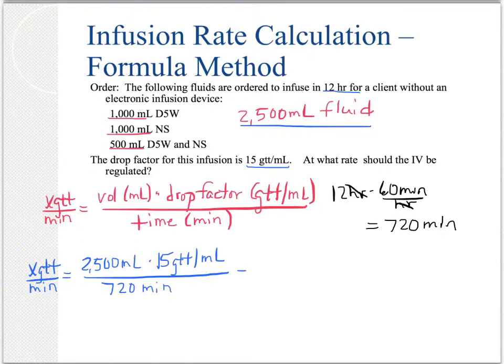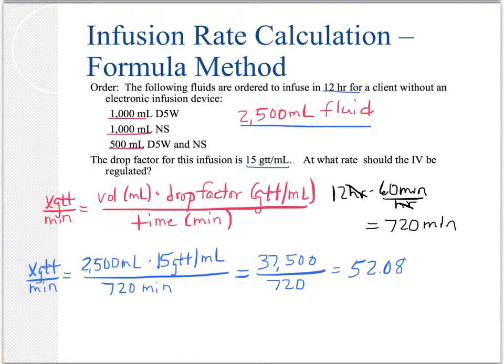Doing the math, 2,500 times 15 is equal to 37,500 divided by 720, which is equal to 52.08.